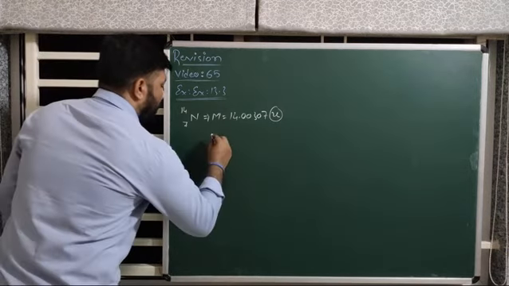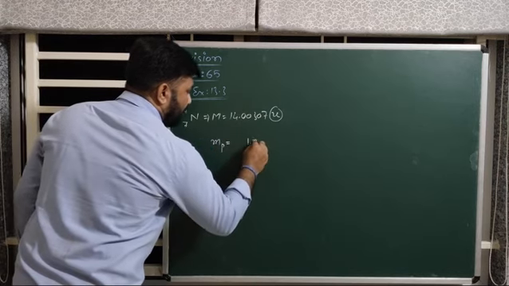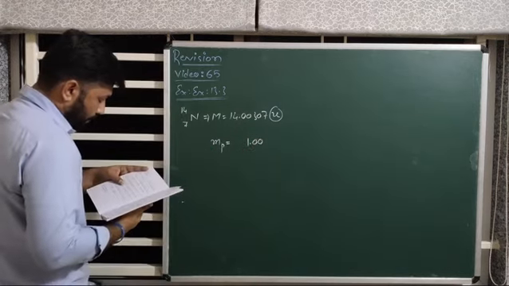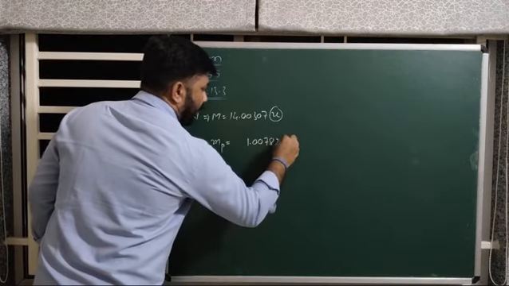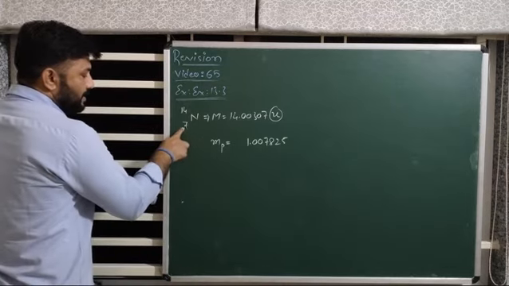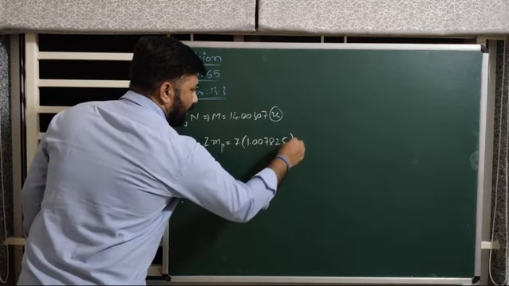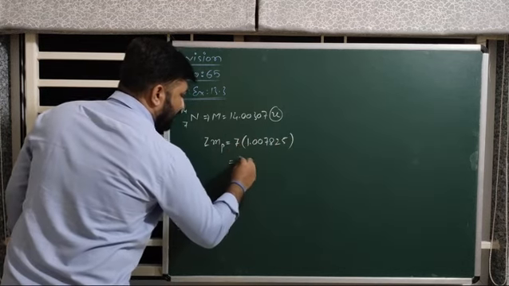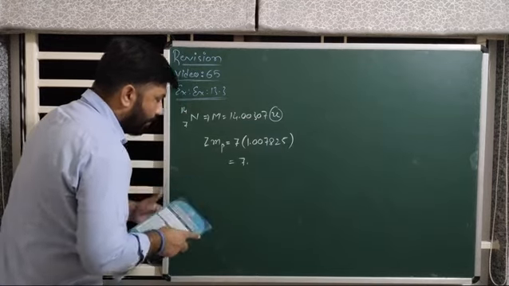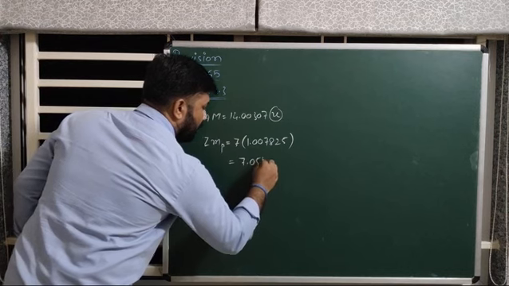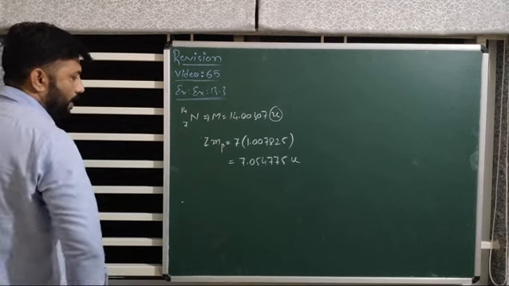Okay? Then we know that the mass of proton is 1.007825. How many protons are there? 7. So Z times MP is equal to 7 multiplied by that, so by calculation you will get the answer 7.0547775 U. Got it?